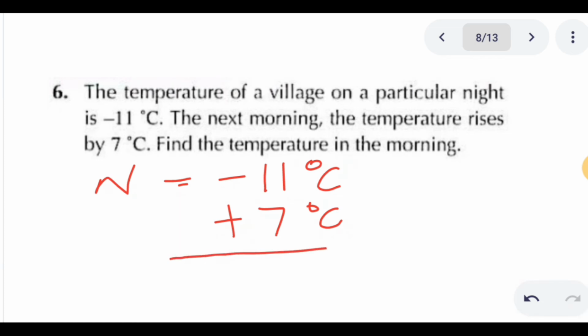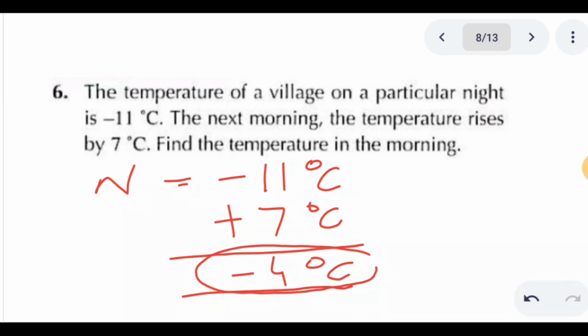So the answer will be plus minus 11. We have to subtract 7 from the number 11 and we get 4, and the sign with the bigger one is minus, so minus 4. So it means the temperature in the morning would be minus 4 degrees Celsius, that is plus 7 degrees greater than the temperature at night.